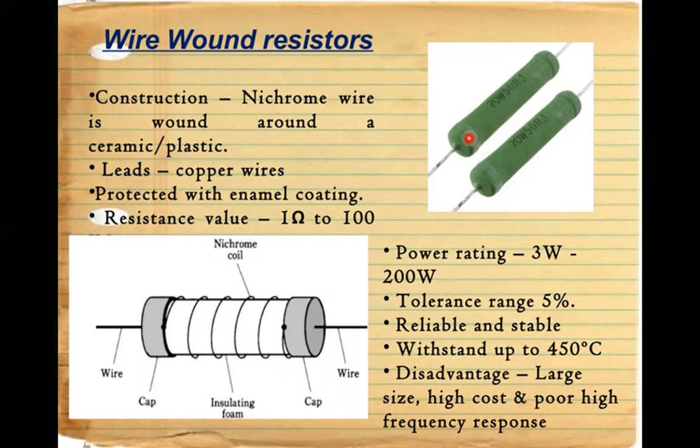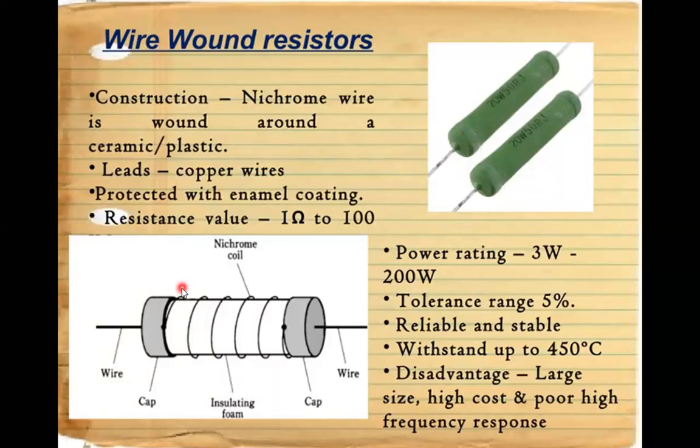Resistance value is 1 ohm to 100 ohm. And power rating is high, 3 watts to 200 watts, very high power. Tolerance range is 5%. It is reliable and stable. This stands up to 450 degrees centigrade. Disadvantages are large size, high cost, and poor high frequency response.